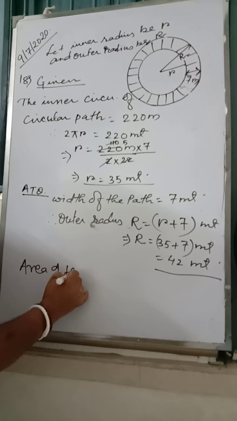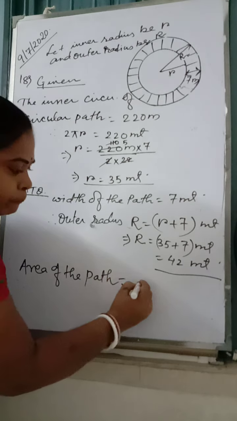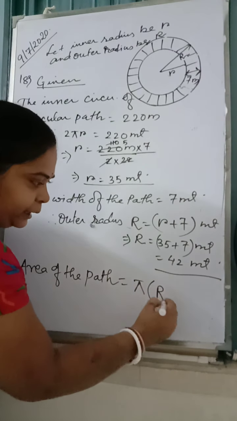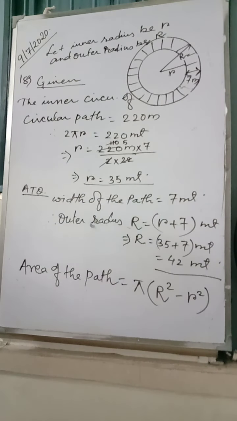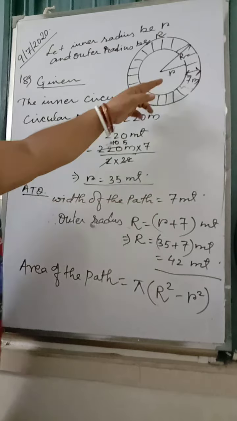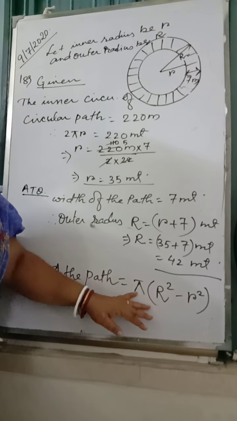Area of the path, I have told you, is pi outer radius square minus inner radius square. Because what is the full area? Pi capital R square. What is the inner area? Pi small r square. So pi is taken common.